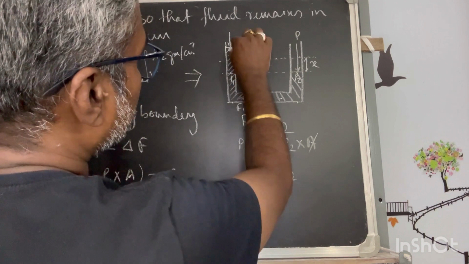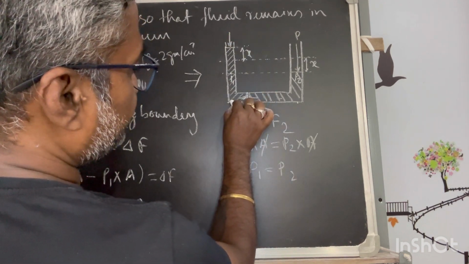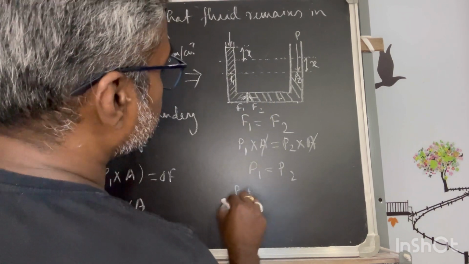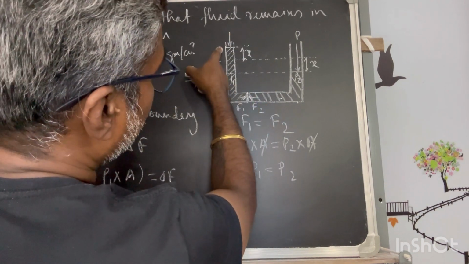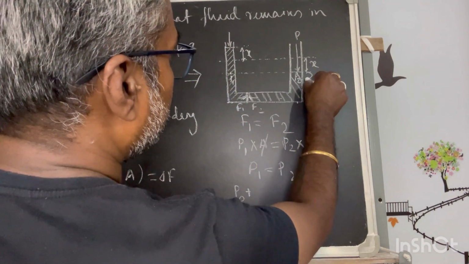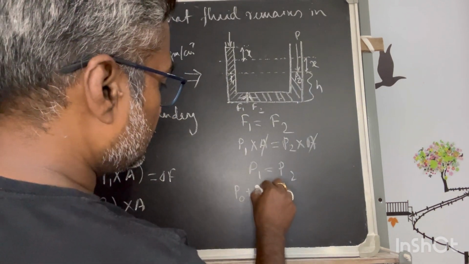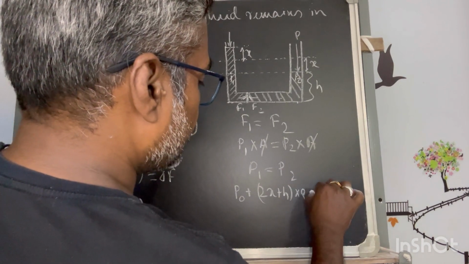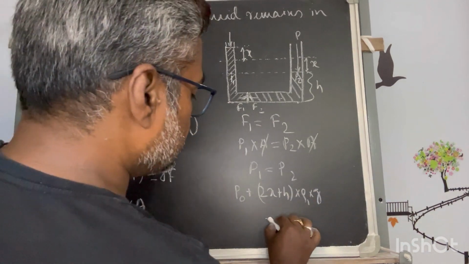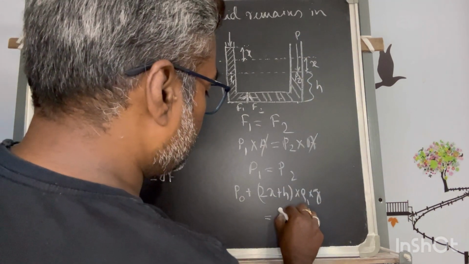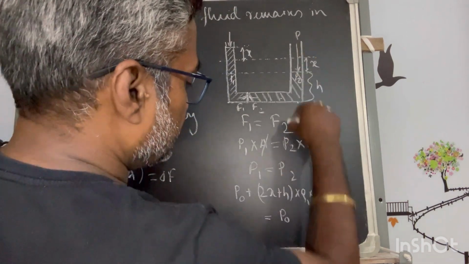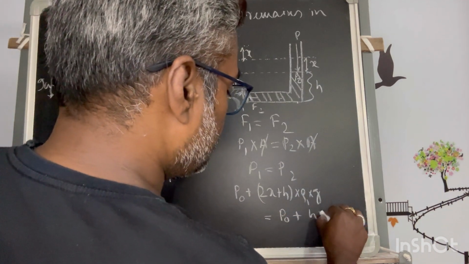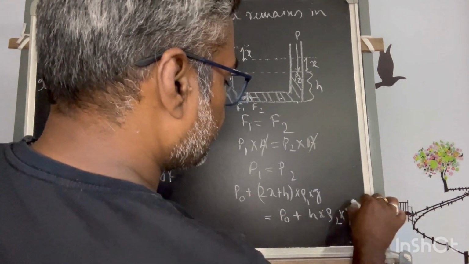So P1, when it is up to this height, if I consider, this means P0 plus the height, how much? 2x plus whatever height you will consider, this h, 2x plus h into rho 1 into G, that is equal to pressure here P2, means P2 is equal to P0 atmospheric pressure plus your height is h into rho 2 into G.